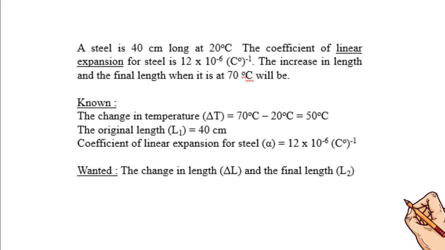The change in temperature is 70 degrees Celsius minus 20 degrees Celsius, which is 50 degrees Celsius. The original length is 40 centimeters. The coefficient of linear expansion for steel, or the alpha, is 12 times 10 raised to negative 6. What we want to know is the change in length, the delta L, and the final length.